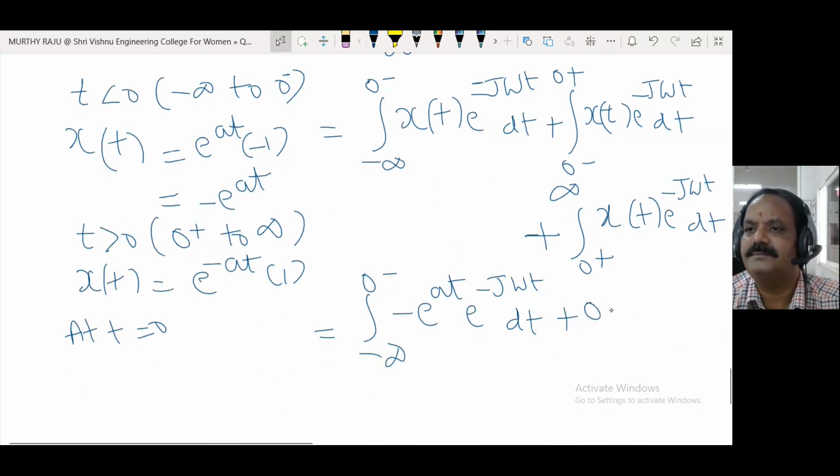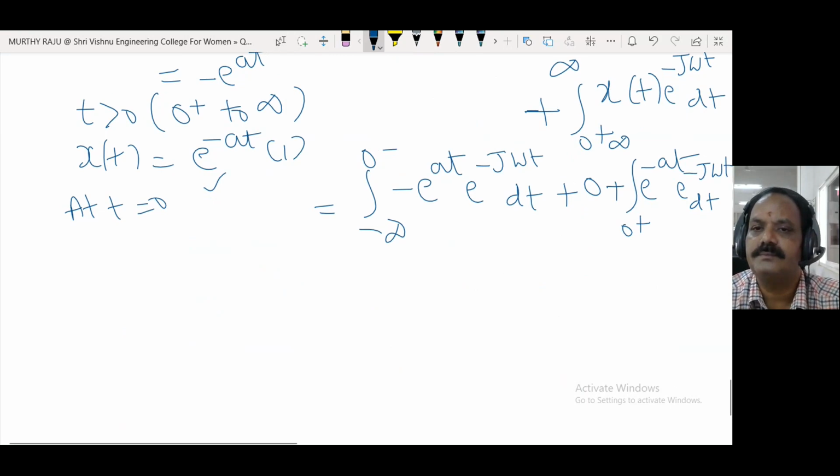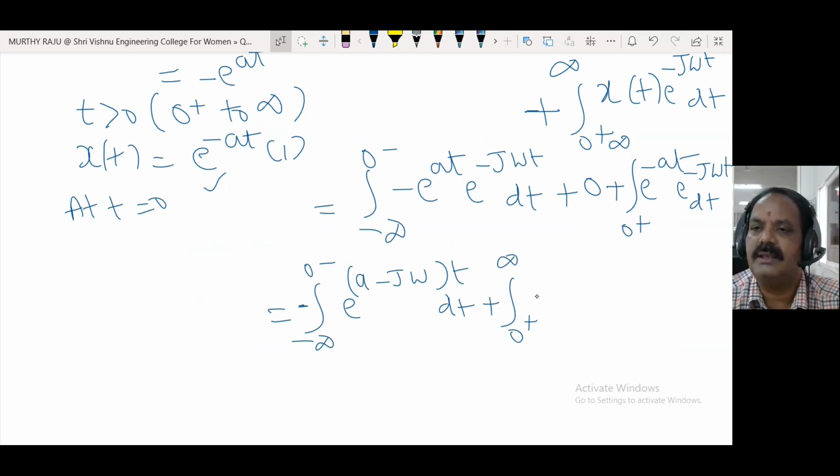We need to calculate here 0 plus to infinity, x of t is e power minus a t, this one, e power minus j omega t dt. Minus infinity to 0 minus, this one is minus e power a minus j omega t dt, plus 0 plus to infinity e power minus a plus j omega t dt.